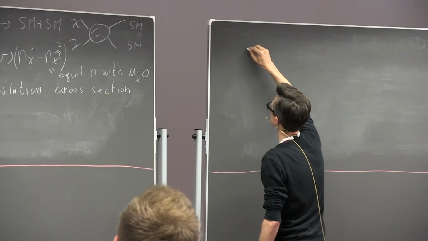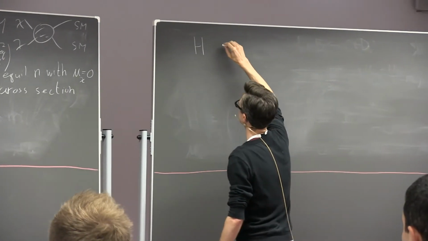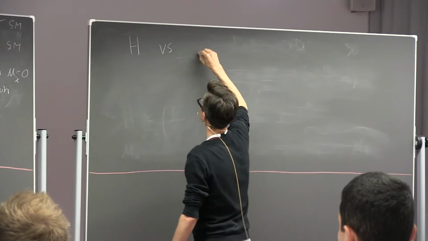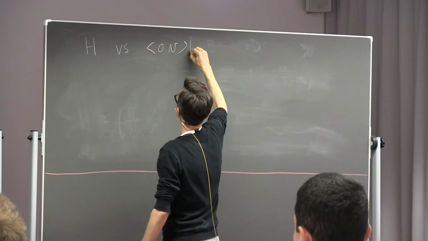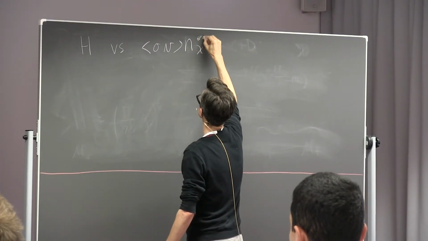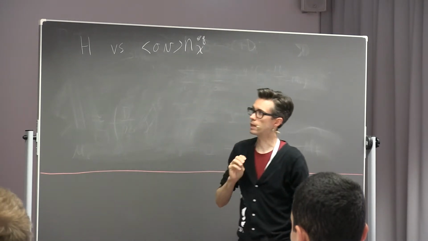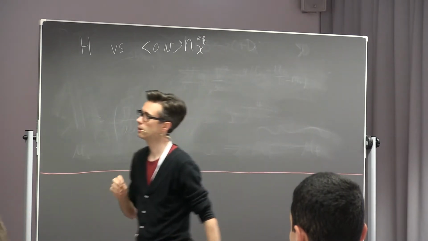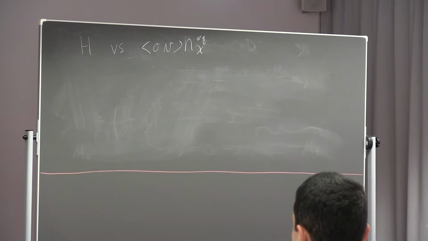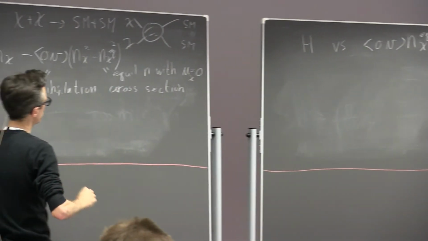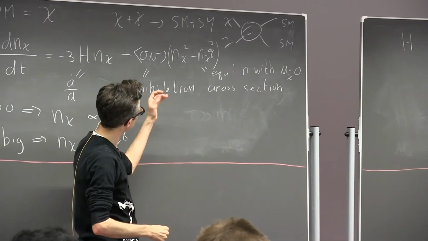And the thing to compare is, at the end of the day, the rate of Hubble. So the rate of Hubble is what goes into here versus the thing that goes into here, which is roughly the size of this.